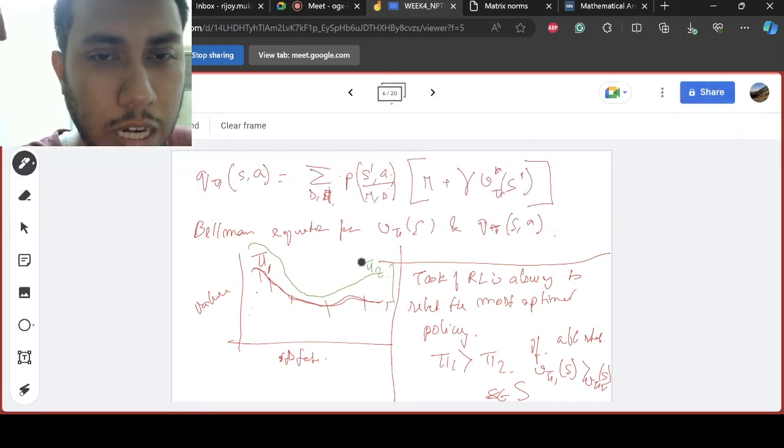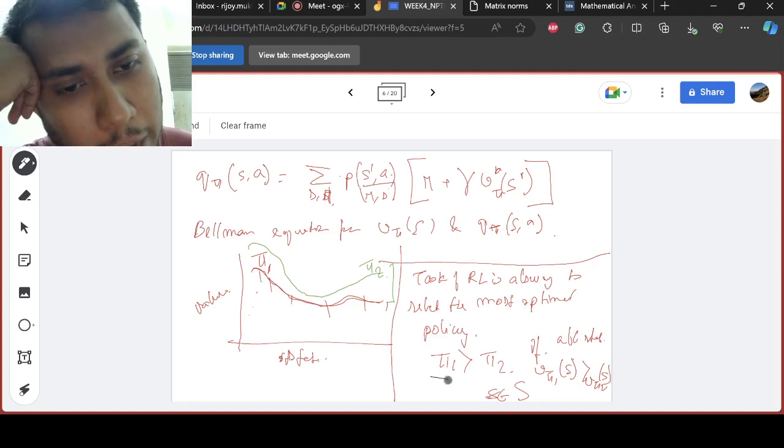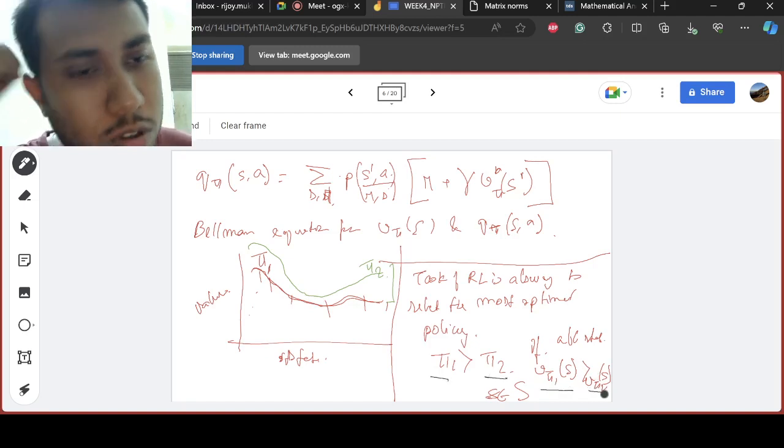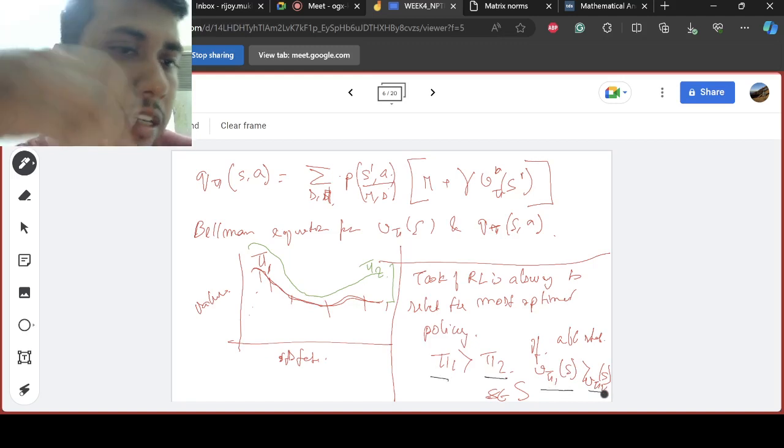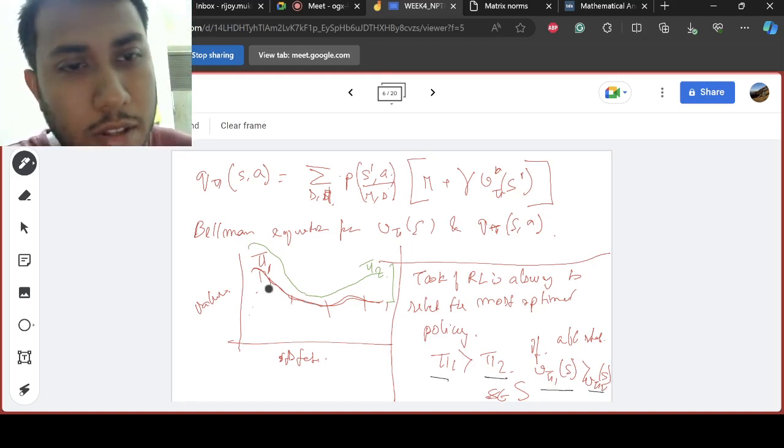in optimal, our requirement is, so let's first evaluate the policies. Policy evaluation says that pi 1 is better than pi 2 if, for all values at each state, pi 1 gives a better value than pi 2. By looking at the graph, you can see that pi 2 is giving a better value than pi 1.